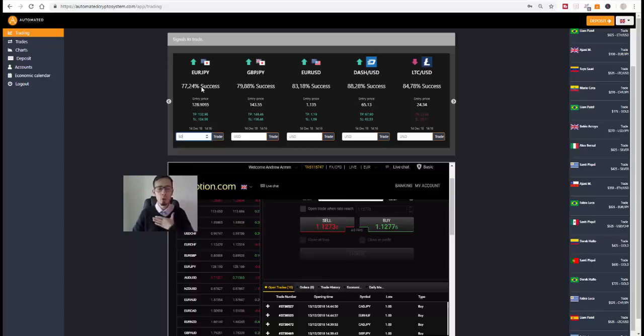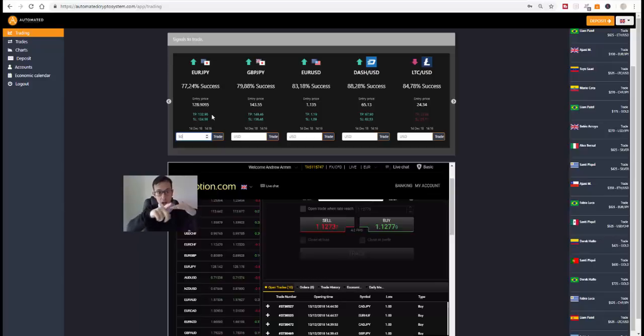If I was going to place this trade for Euro JPY with a success ratio of 77.24%, the entry price is 128.1995. The take profit level is 132.90.